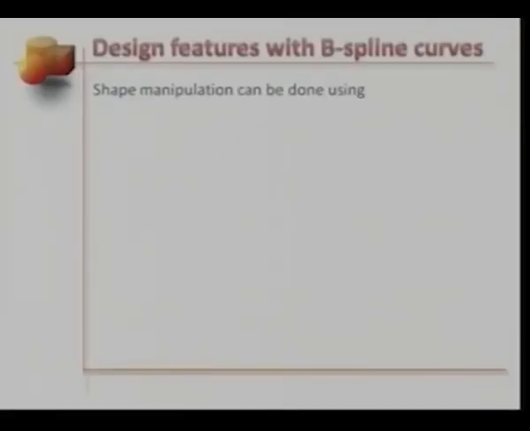Now, shape manipulation of B-spline curves can be done using either control points or using the knots. When working with control points, we can use the strong convex hull property. And when working with knots, we can use knot multiplicity.